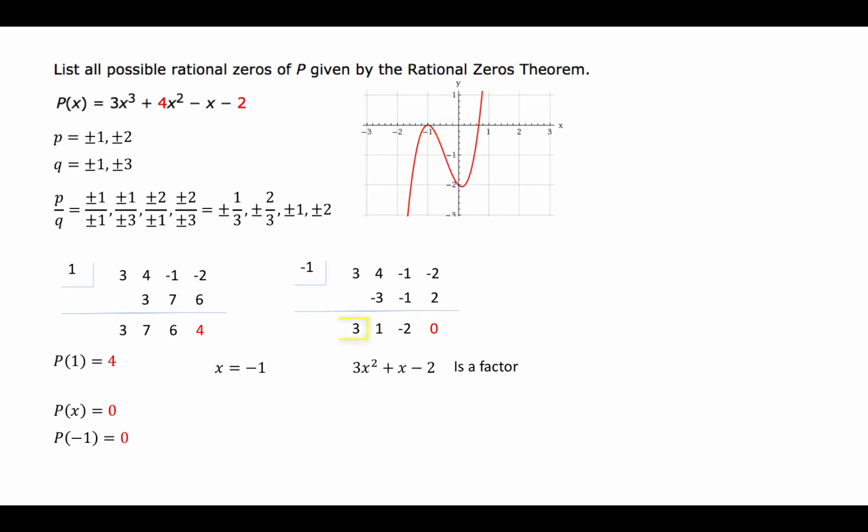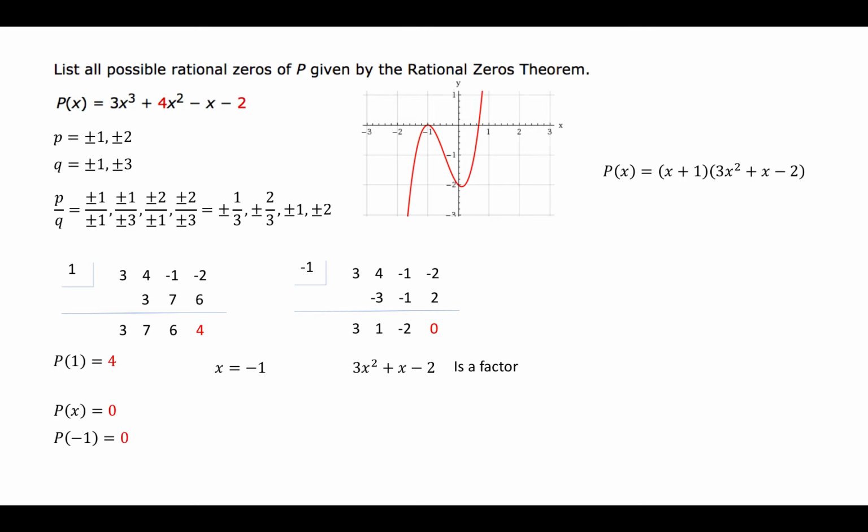We also found that 3x squared plus x minus 2 is a factor of the polynomial p. This means that we can factor the polynomial p into the factors x plus 1 times 3x squared plus x minus 2. This also means that we can now use the quadratic factor 3x squared plus x minus 2 to find the rest of the zeros for the polynomial p.